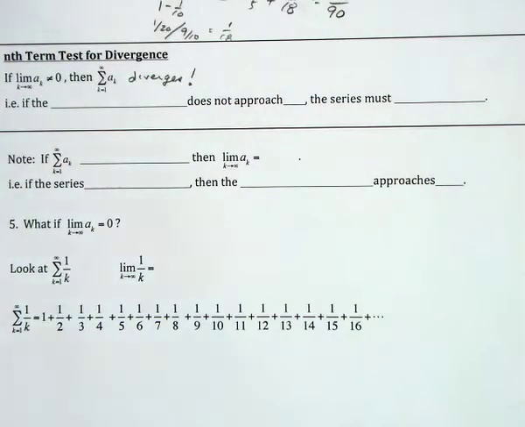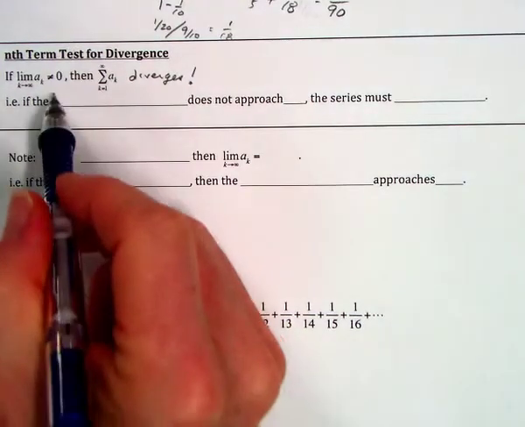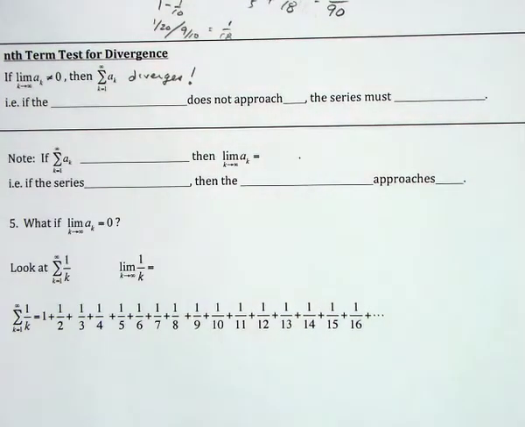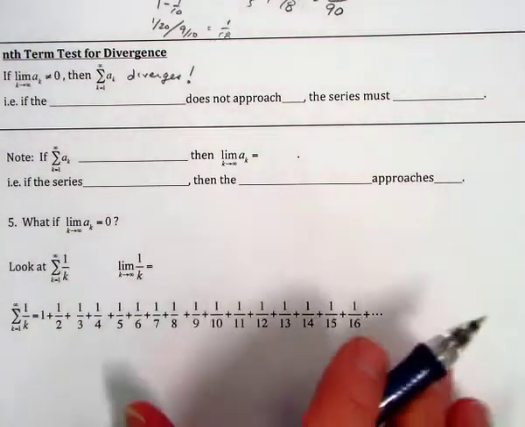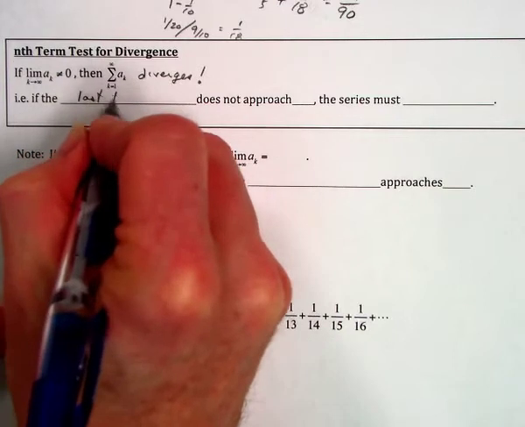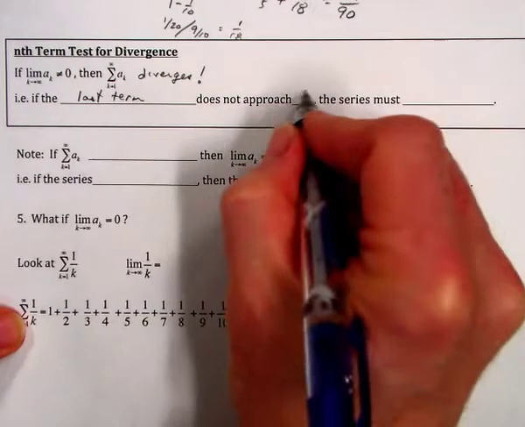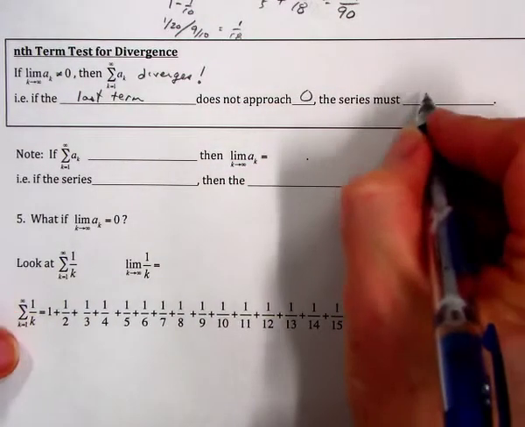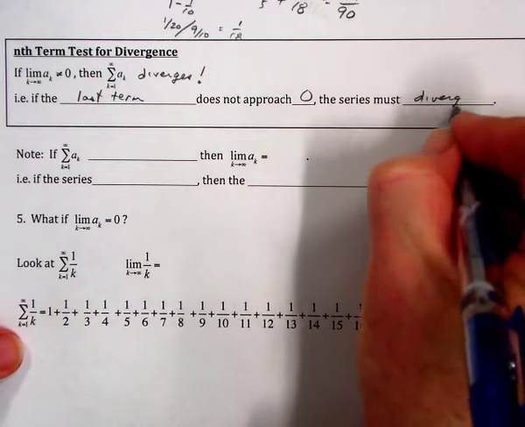We're adding an infinite number of terms, and the last term doesn't go to 0. So we keep on adding more and more, so it should make sense that this thing is diverging. I.e., if the last term does not approach 0, the series must diverge.